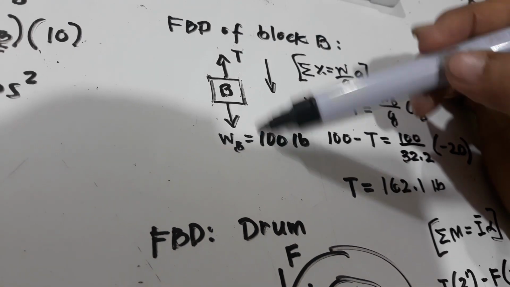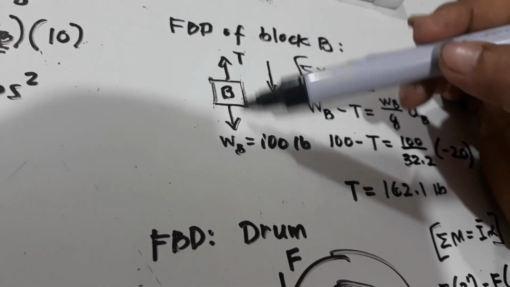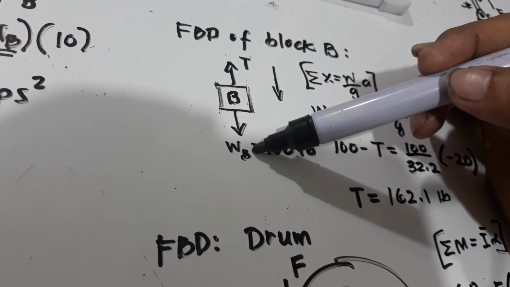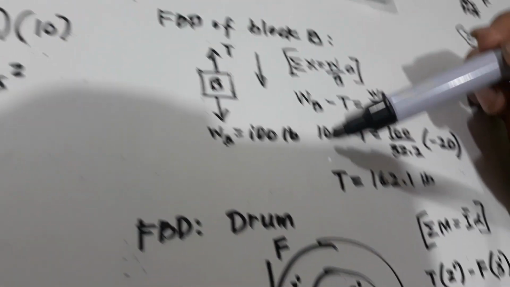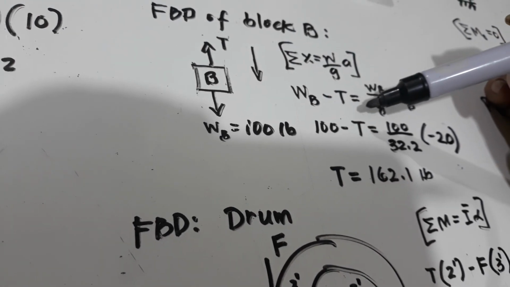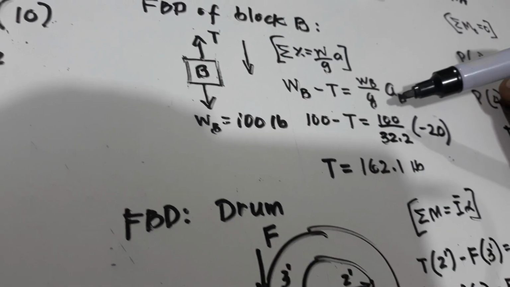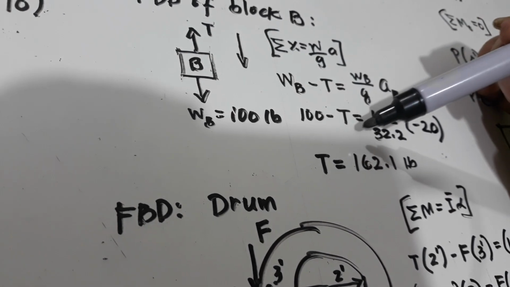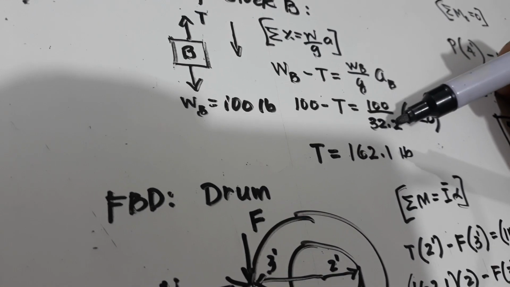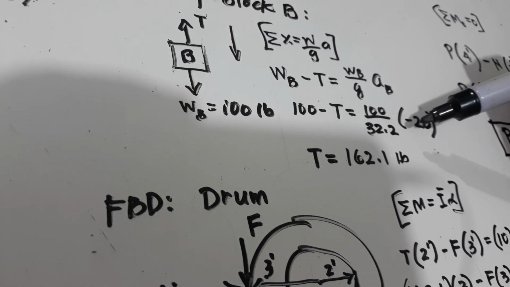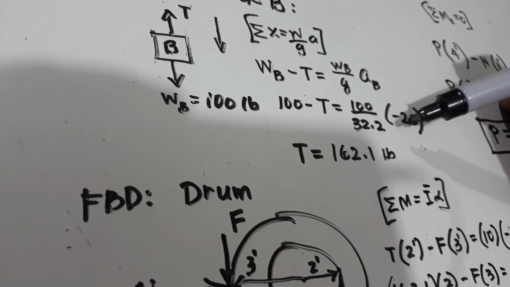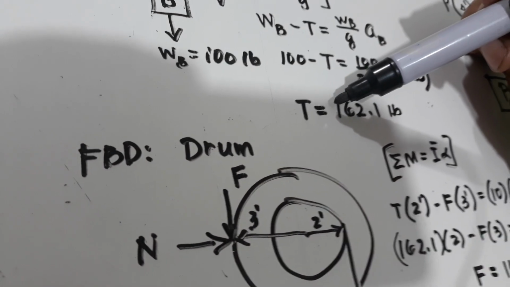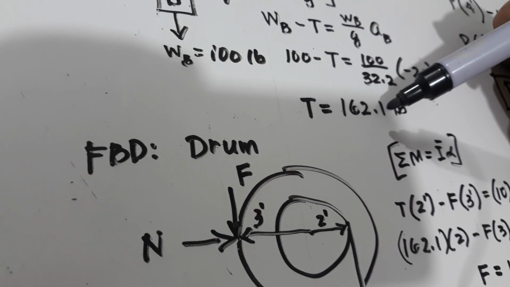The forces in the direction of x, which is vertical in this case, are weight of B minus T, equal to the weight of B over g times the acceleration of B. Substituting values, 100 minus T is equal to 100 over 32.2 times negative 20. Solving for the tension in the cable, T is equal to 162.1 pounds.